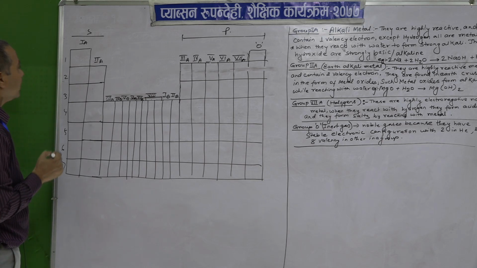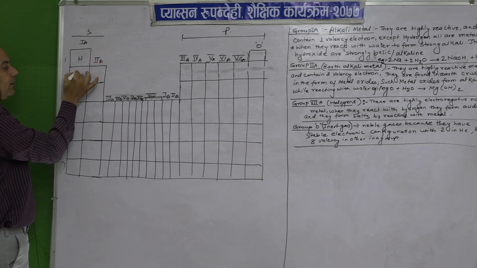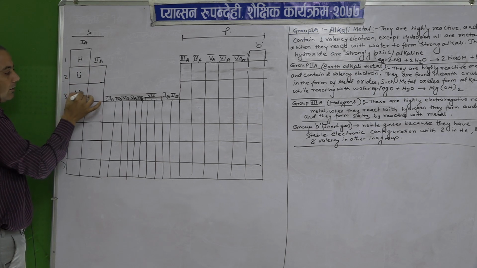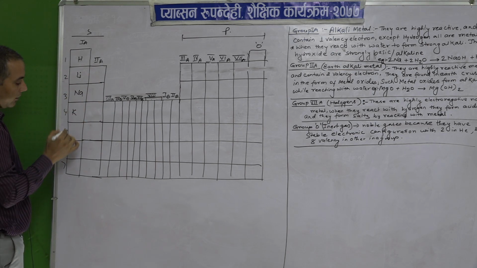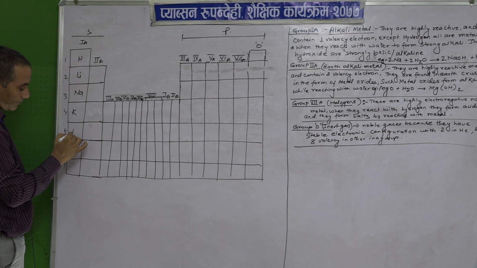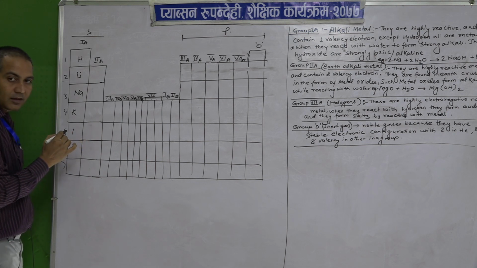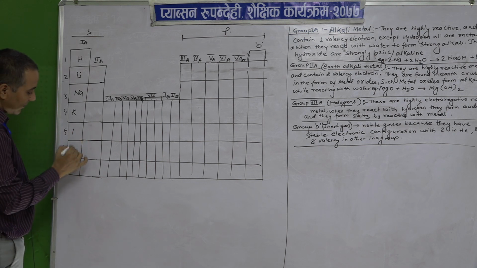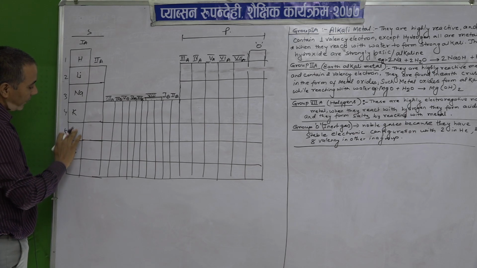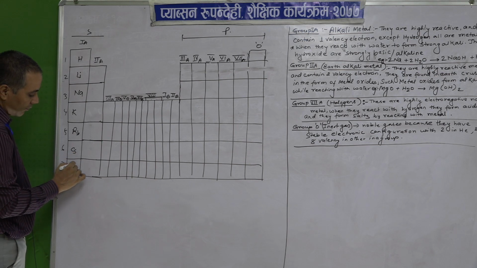The first one is what we say: Hari, Li, Na. Then K, Rb, Cs, Fr: Rugby, chess and fruits.